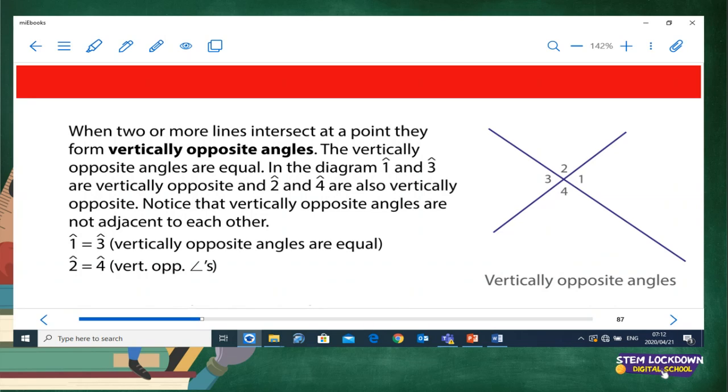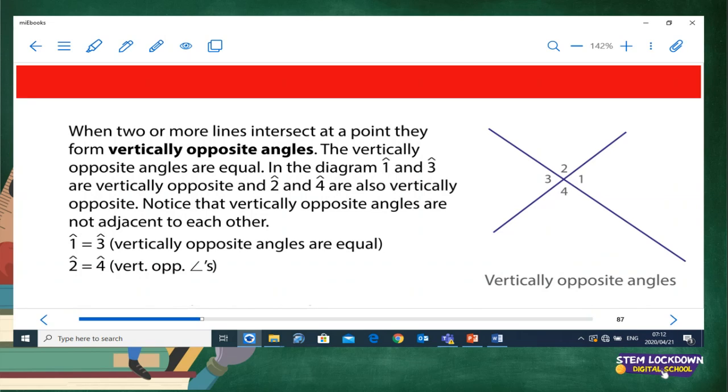When two or more lines intersect at a point, they form what we call vertically opposite angles. The vertically opposite angles are equal. In this diagram, you can see that angle 1 and angle 3 are vertically opposite angles, and angle 2 and angle 4 are also vertically opposite angles.